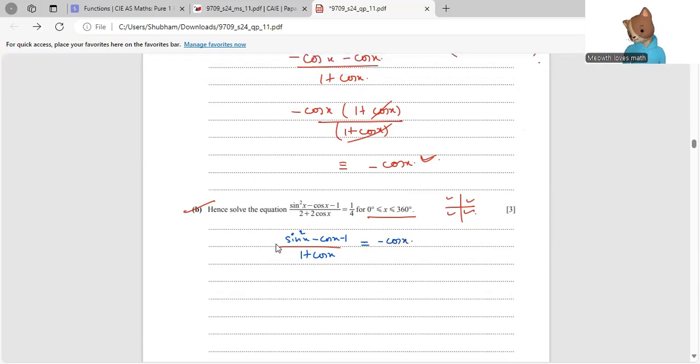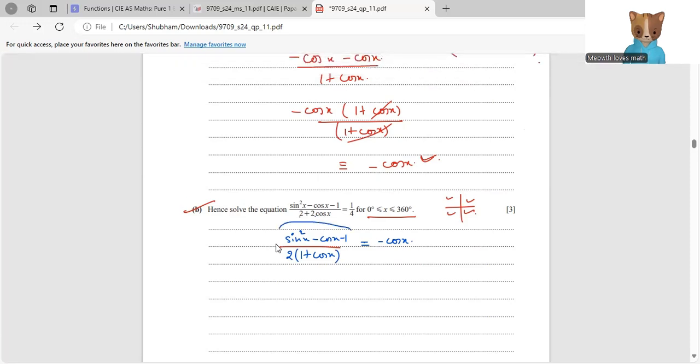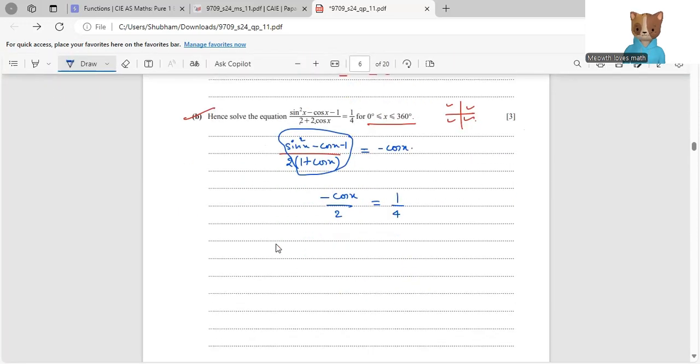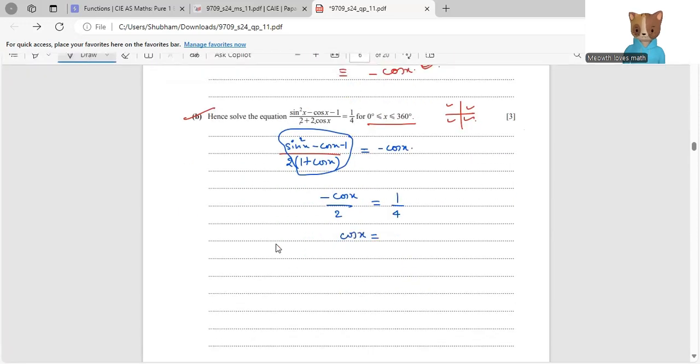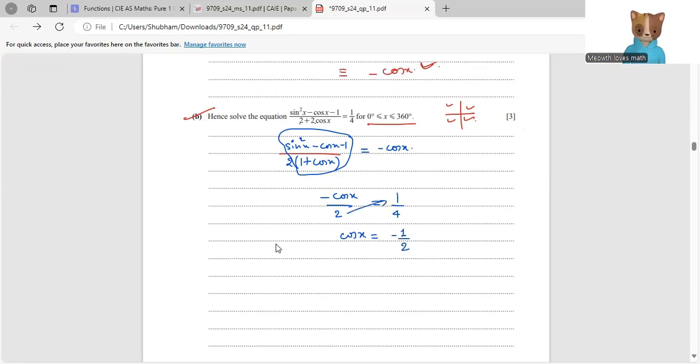Now, here we have 2 and 2. If I take this common 2, I can write this entire thing as negative cos x over 2 equal to 1 by 4. Yes or no? Yes. And therefore, from here, I get negative 1 by 2. Cross multiplication, this negative comes here.